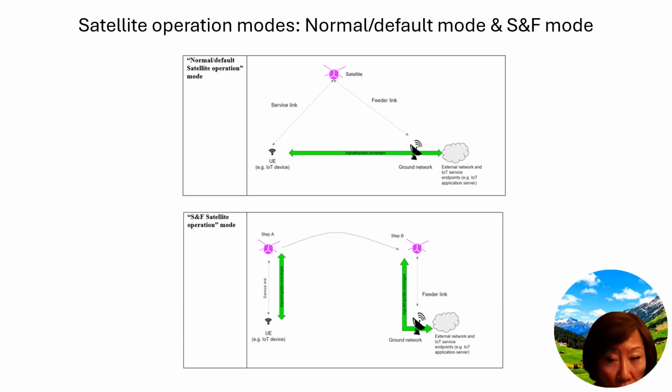The implementation is clever enough to store something first and just do communication with the IoT device, just like normal communication. And then once it has a connection to the ground network, it forwards the data there to be processed. It's very transparent. The bent pipe is operating in a transparent mode because of this delayed transmission.